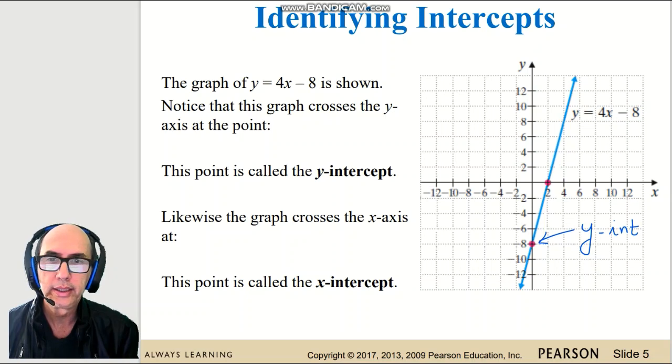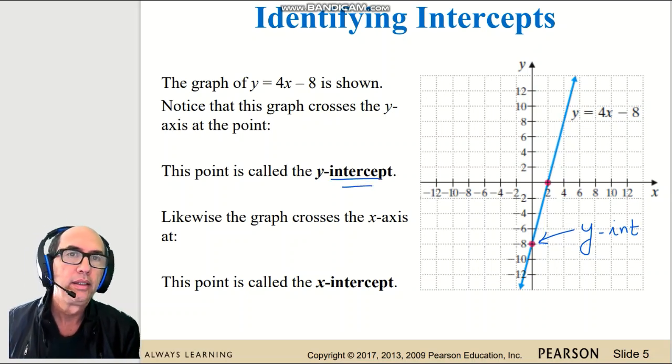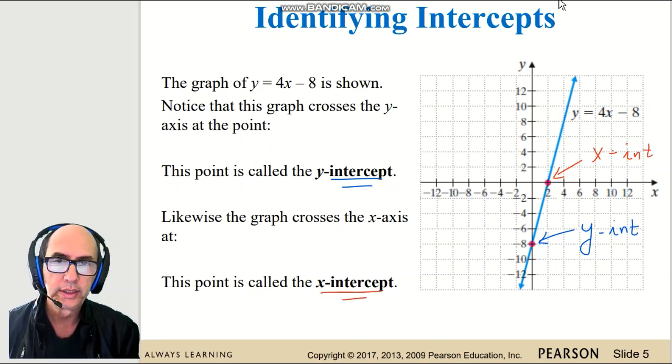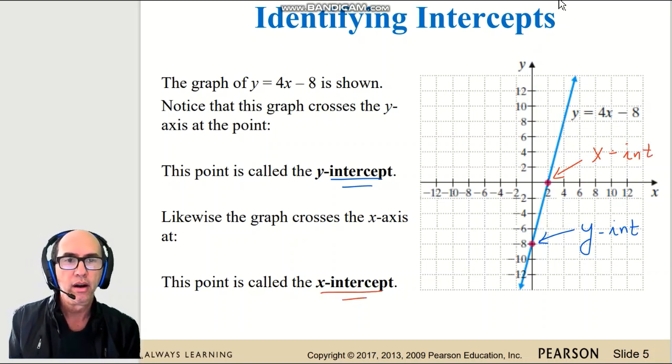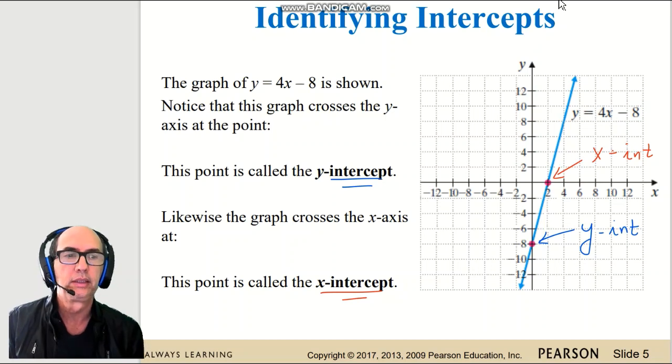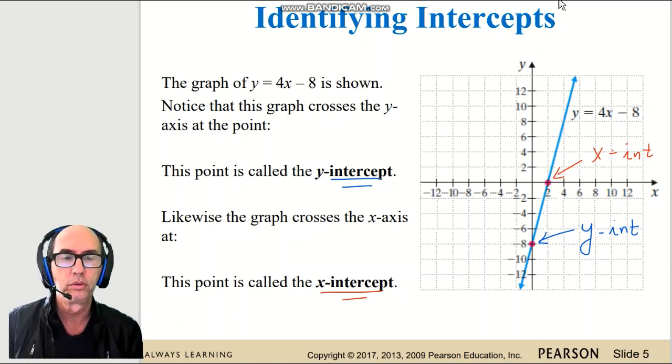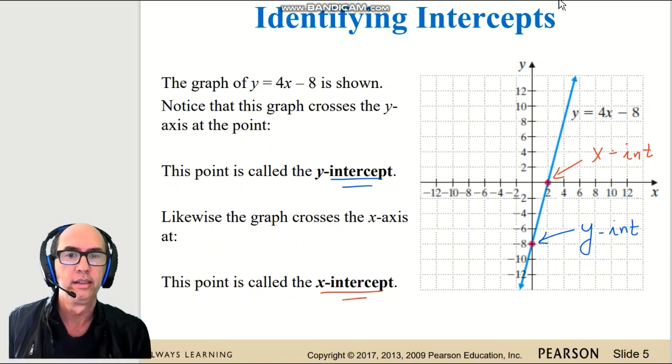And that point over there where the graph crosses the x-axis is the x-intercept. Those are special points, have special names, and are very helpful, as they are easy to find and very helpful to define the line.